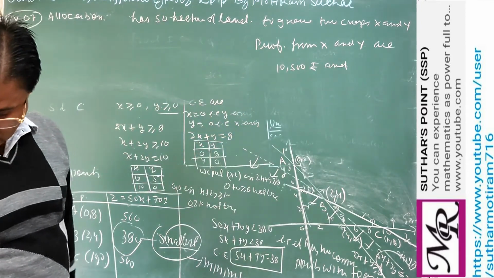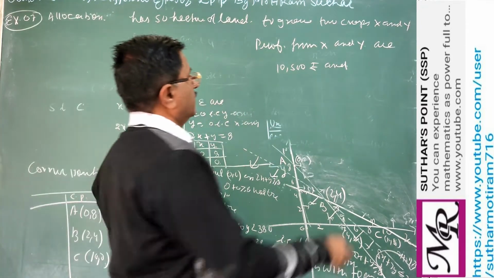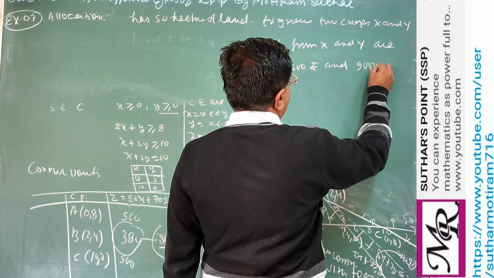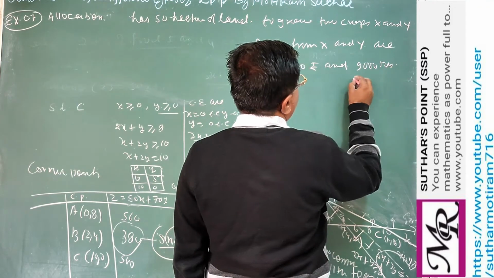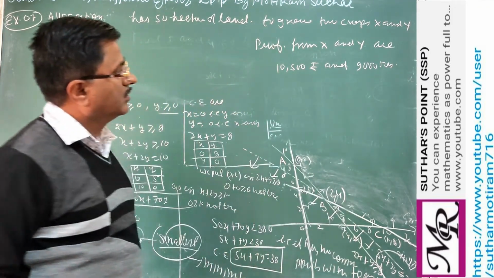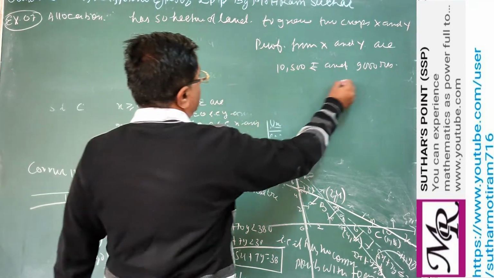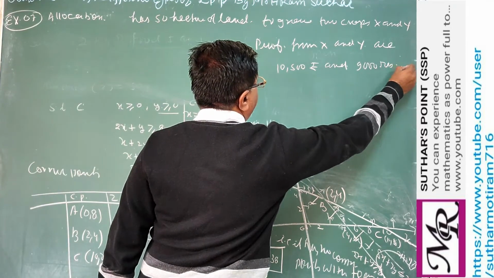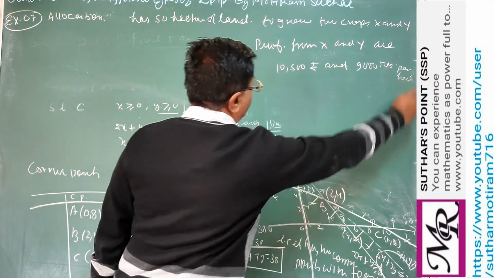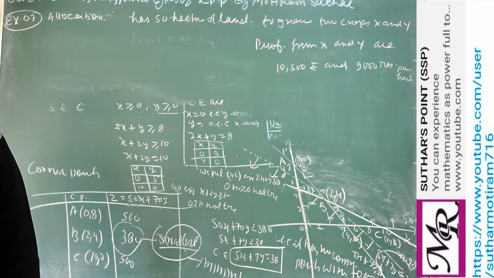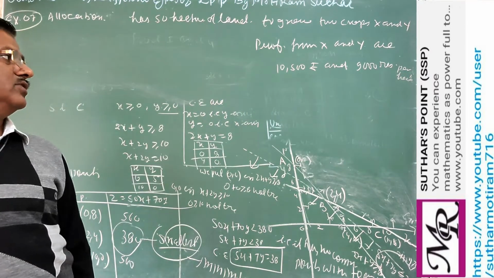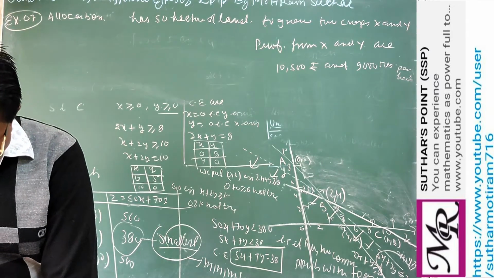as 10,500 and 9,000 respectively. This is profit per hectare. For 1 hectare, the profit for each type of crop is 10,500 and 9,000.